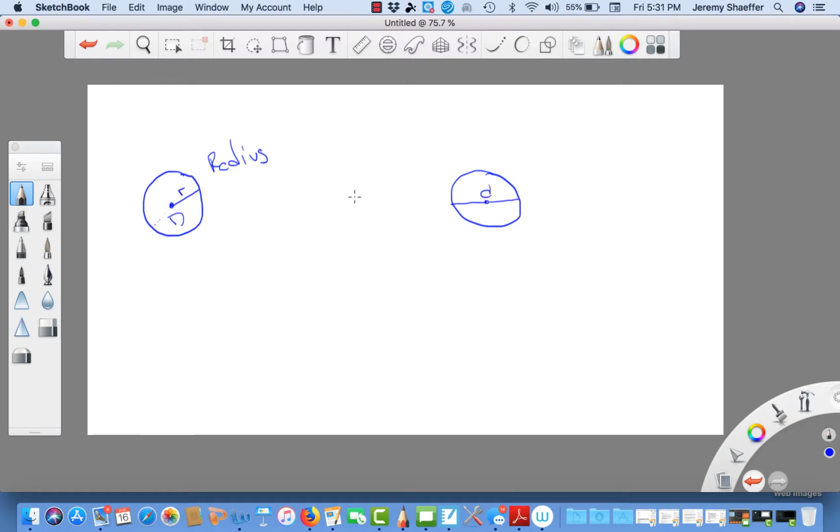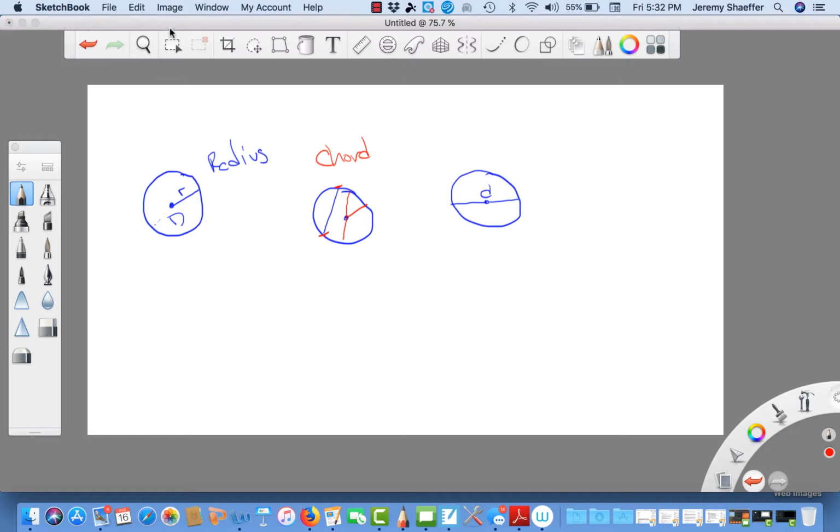In the middle we have a circle, and then this line that seems to be off-center, off-skew. Diameter, of course, goes right through the middle, and radius was half. But this one seems to be off in no man's land, and we call that a chord.